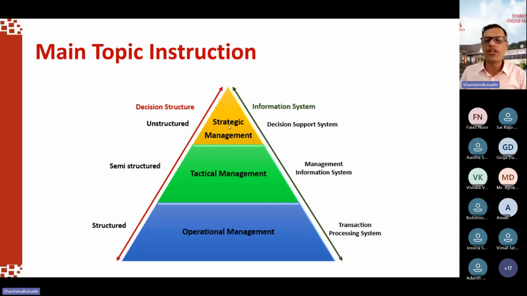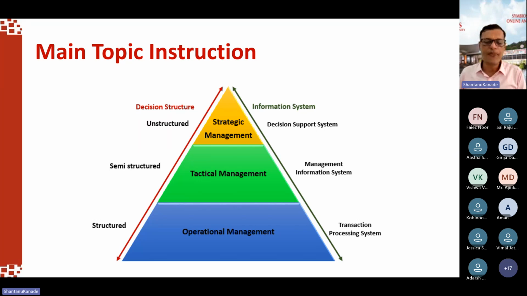At the top is strategic management, where my board of directors, CEOs, and all those people will be. In the middle, tactical management, I will have all the people who are managers for their different departments. And at the bottom, I have operational management. This operational management is nothing but front desk executives or the people who are actually working in the organization. It might be a clerk, or any person who is directly related to production, management, marketing, and so on.